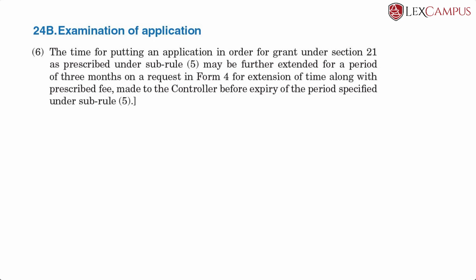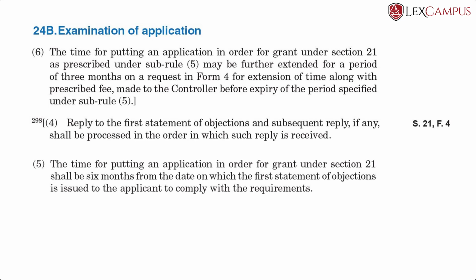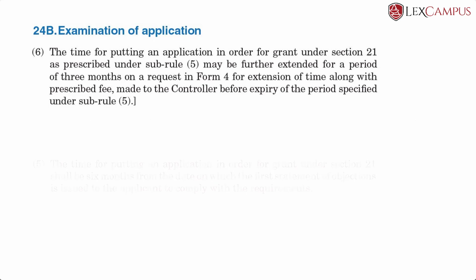So on paper, you could say that the entire process of replying to the first statement of objections has to be completed within a maximum of 9 months. You could say this by an interpretation of sub-rules 4, 5 and 6 put together. You could say that the patent applicant has to respond to all the objections that have come in the first statement of objection within a period of 9 months.